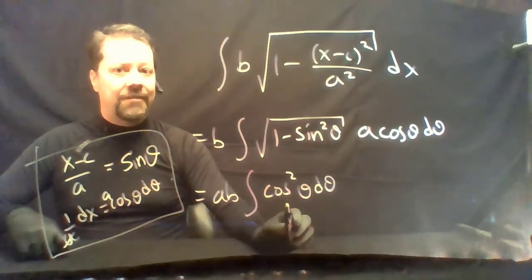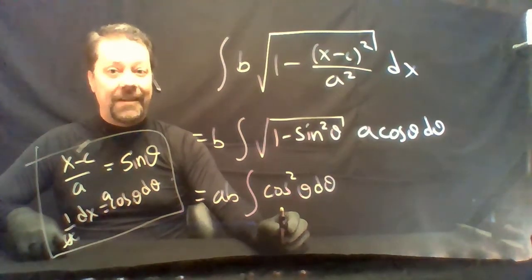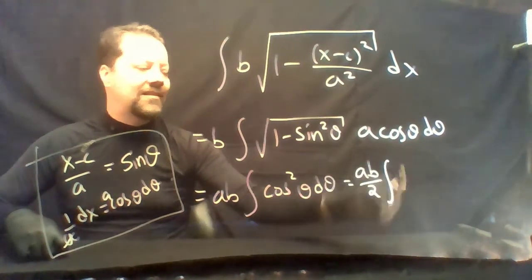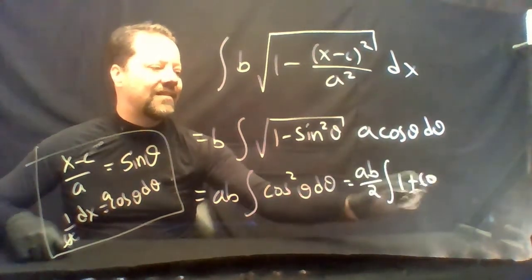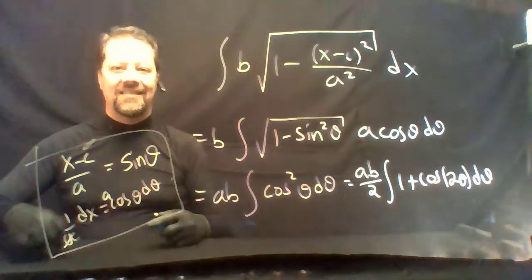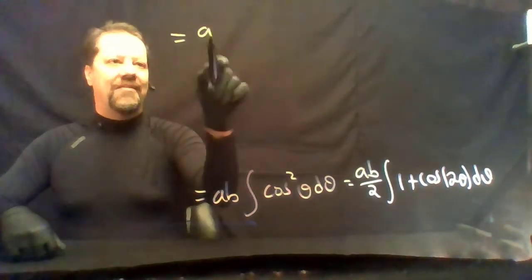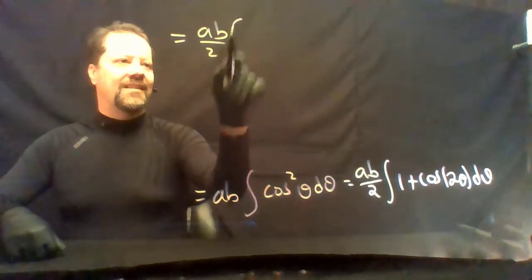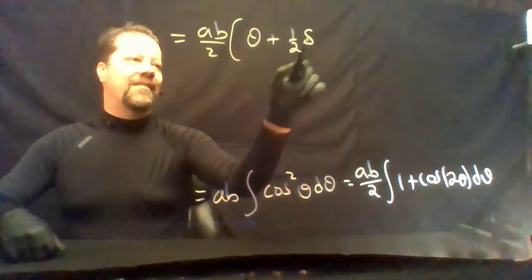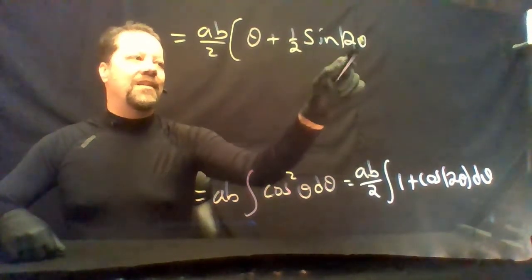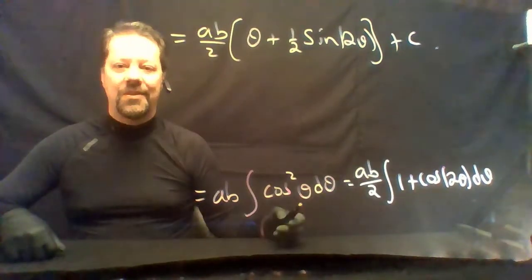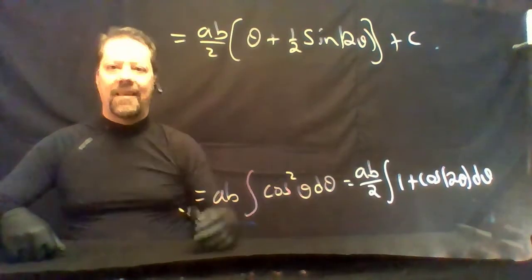An even power of cosine means half angle identities. We'll have ab over 2 times theta plus 1/2 the sine of 2 theta plus c, 1/2 because of the 2 in front of the theta.